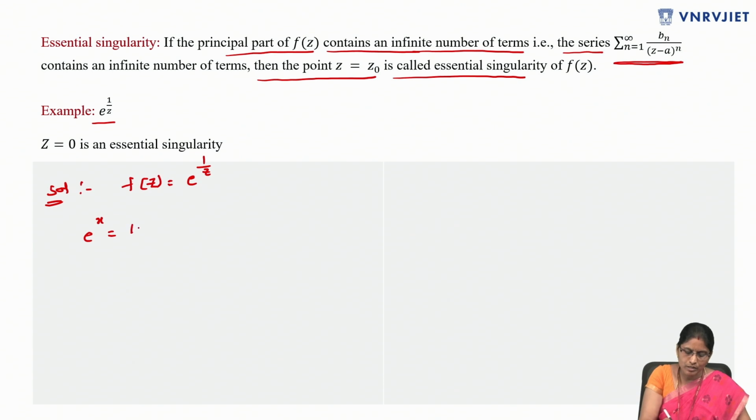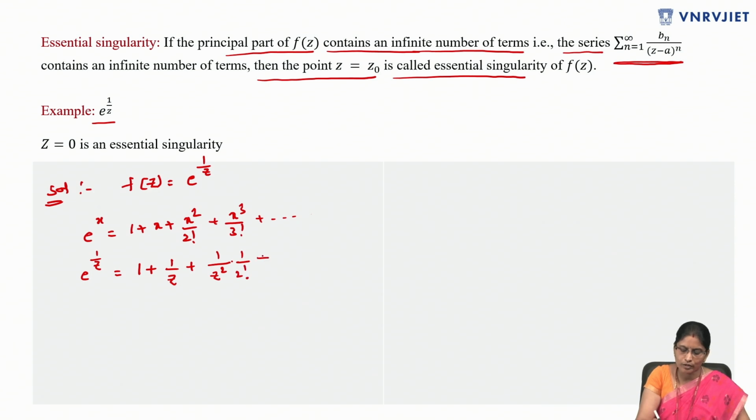E power x expansion is 1 plus x plus x square by 2 factorial plus x cube by 3 factorial and so on. But here in place of x, 1 by z is given. E power 1 by z is 1 plus 1 by z plus 1 by z square into 1 by 2 factorial plus 1 by z cube into 1 by 3 factorial and so on.